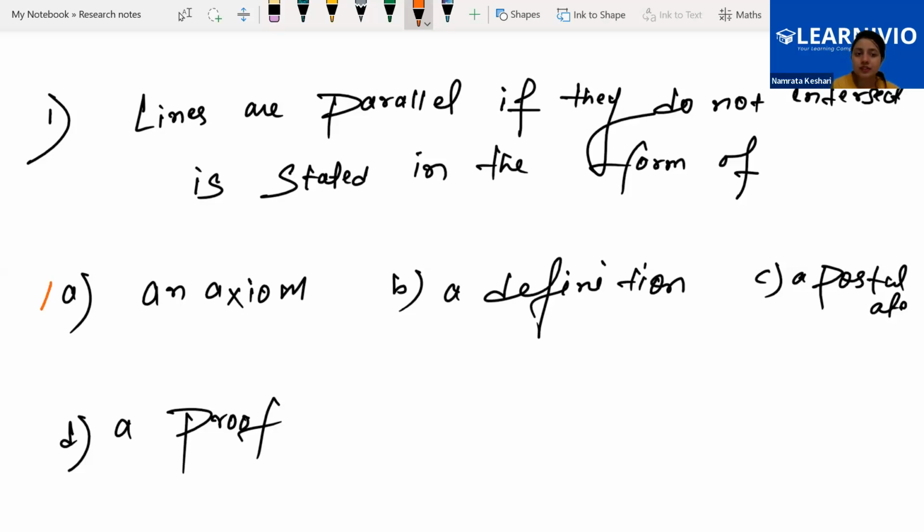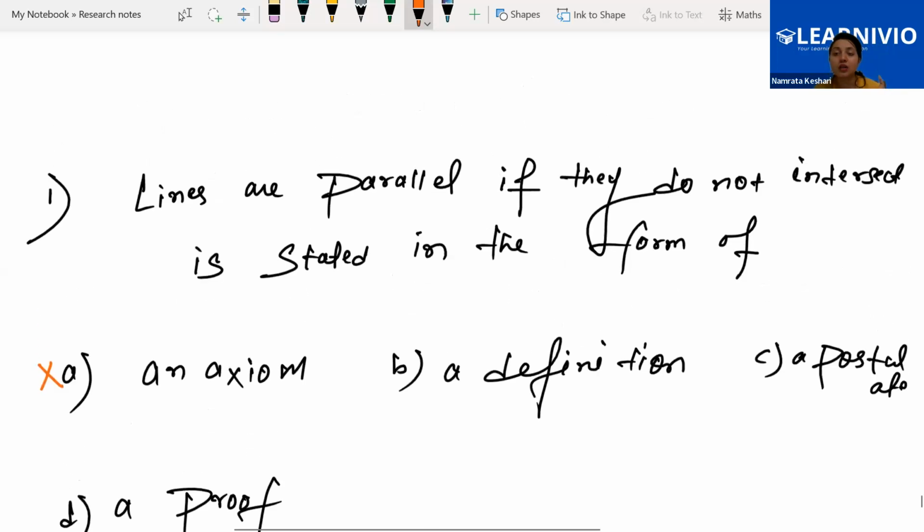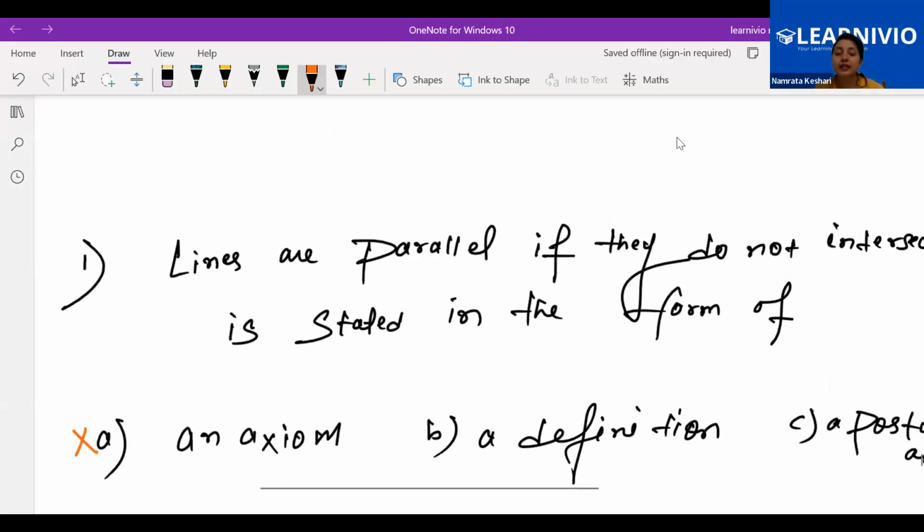We have not discussed it while discussing the axioms. Recall it. When we started the discussion of axioms, we started with: if two things are already same and we add the same to both sides, the result is same. If we subtract the same from both sides, the result is again same. If two things are double of the same thing, the result is same. If two things are half of the same thing, the result is same. If two things coincide with each other, then both are equal. This is what we have discussed in axioms, but about lines we have not discussed in axioms. So option A is not the correct option.